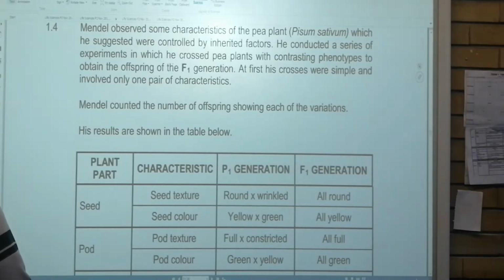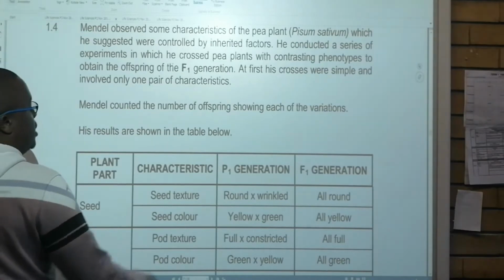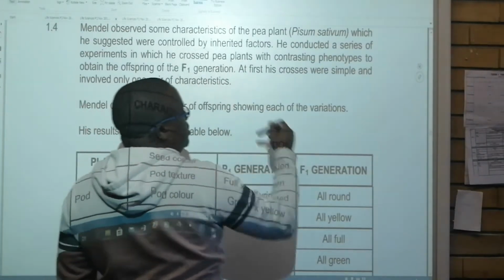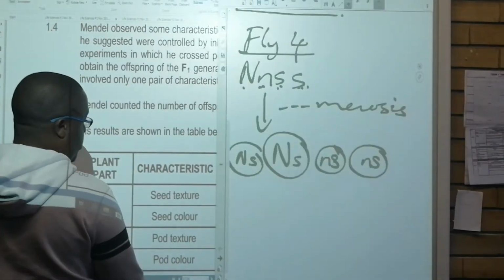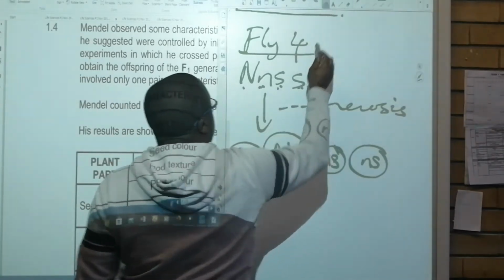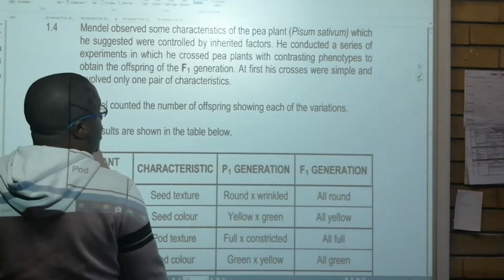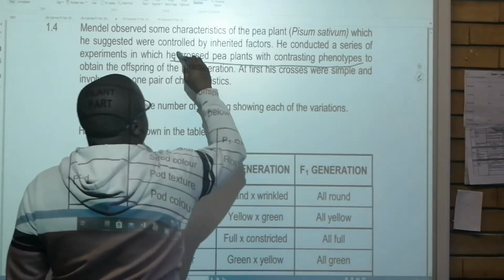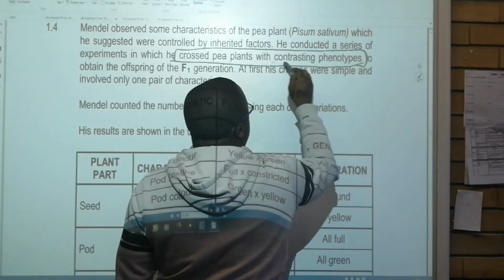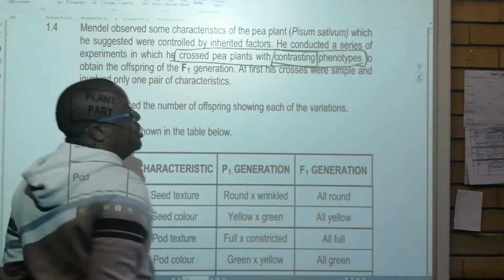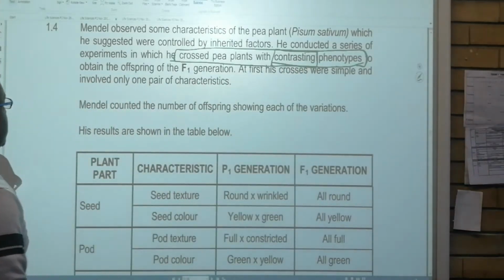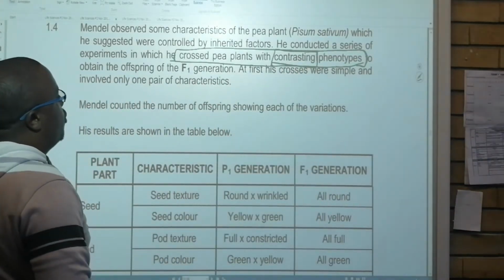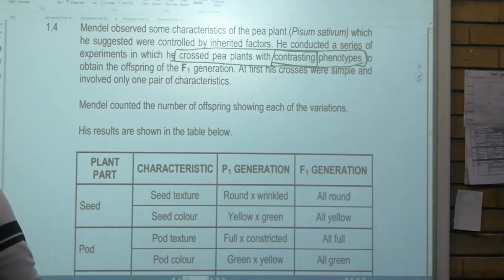He conducted a series of experiments in which he crossed pea plants with contrasting phenotypes, different phenotypes, to obtain the offspring of the F1 generation.